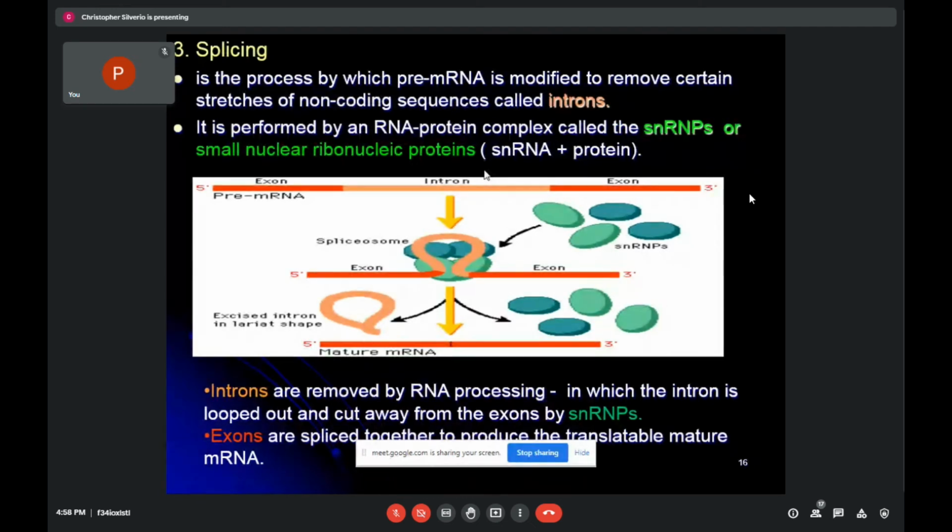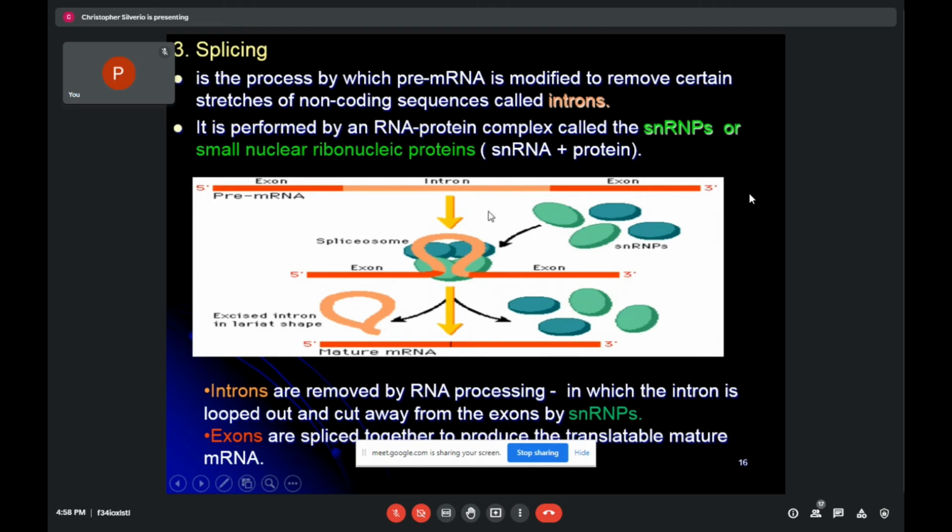Usually it is performed by an RNA-protein complex called the snRNPs, or small nuclear ribonucleoproteins. So these are enzymes, class.